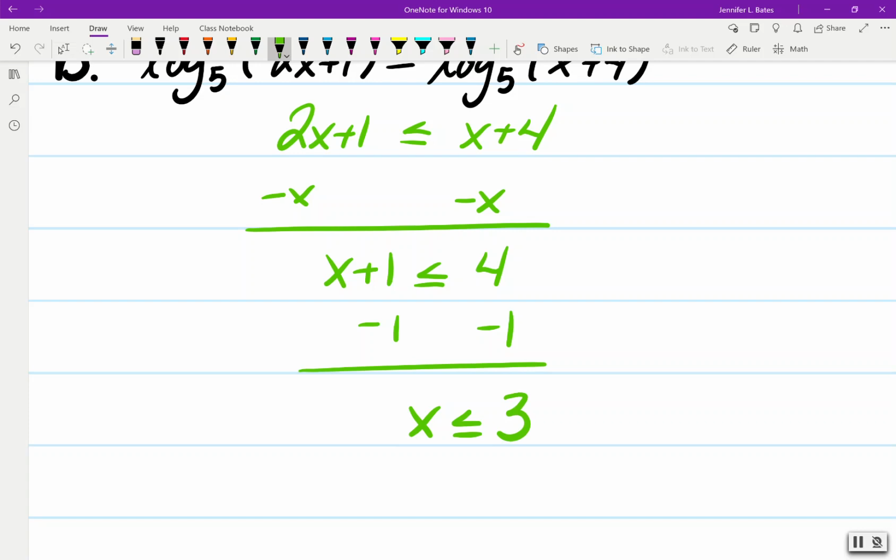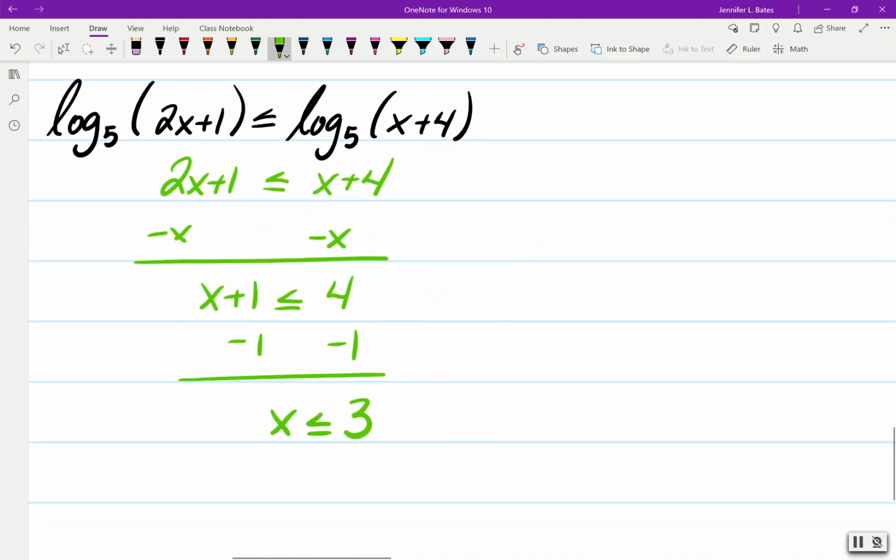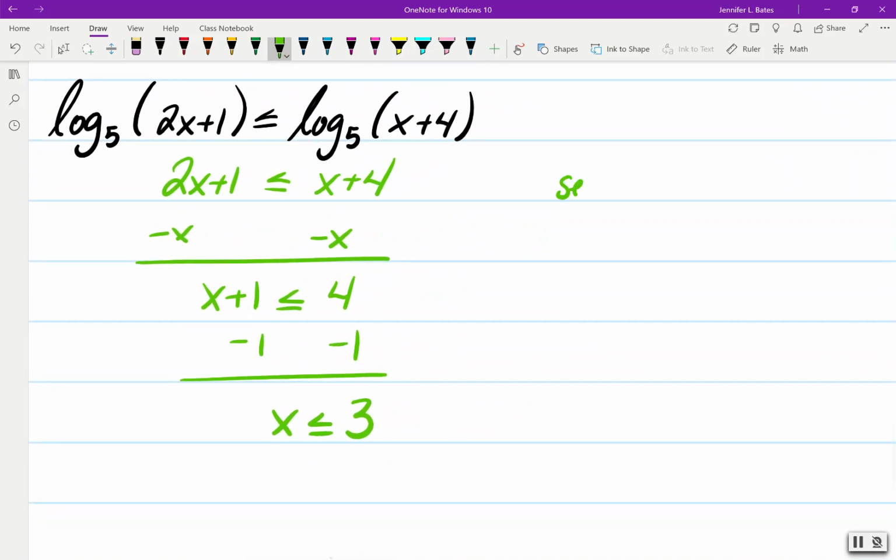Okay, so we came up with x is less than 3. Is 0 less than 3? Yeah. Are negative numbers less than 3? Yeah, so I know that I have to put something else over here because I don't want x to be less than 0 or equal to 0.